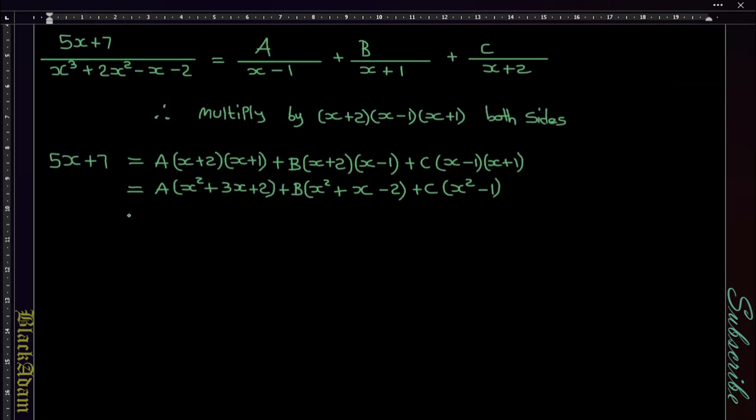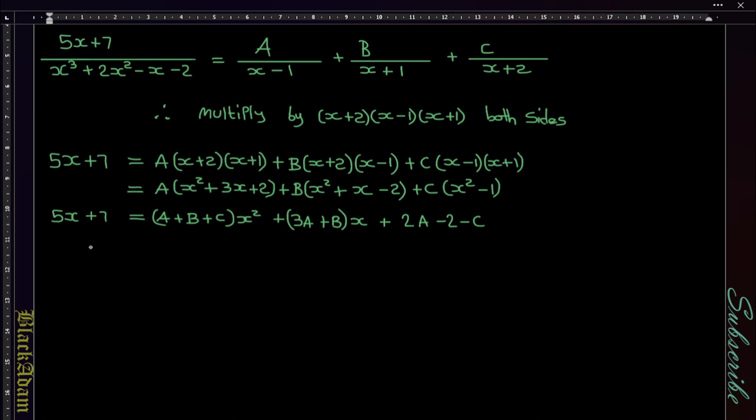Collecting terms: a plus b plus c is the coefficient of x squared, 3a plus b is the coefficient of x, and the constants are 2a minus 2b minus c. That is equal to 5x plus 7.